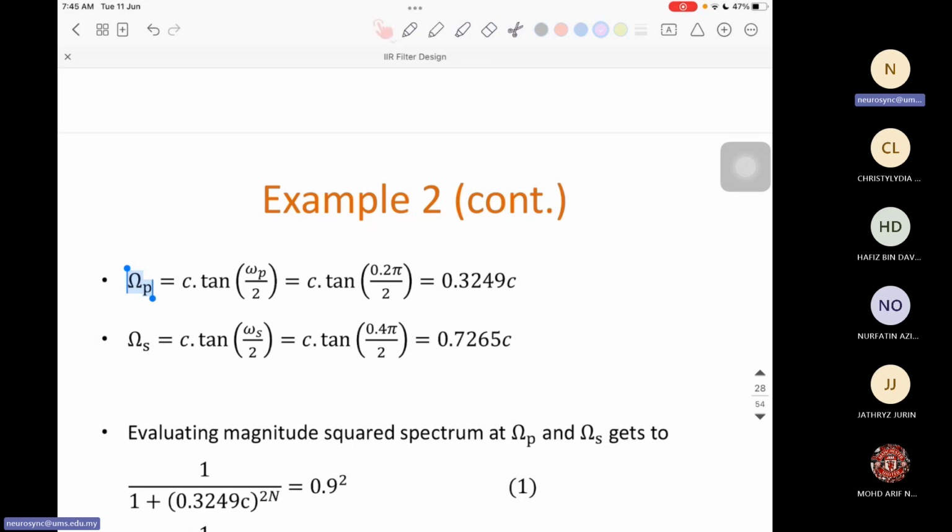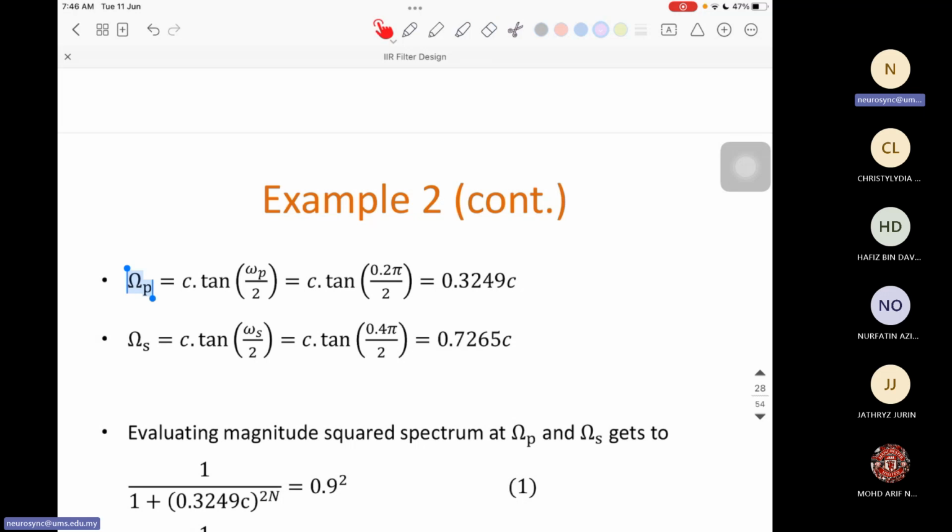The passband edge frequency is 0.2 pi. So capital omega p equals c times tan of 0.2 pi by 2. If we find the value of this, we will get 0.3249 times c.